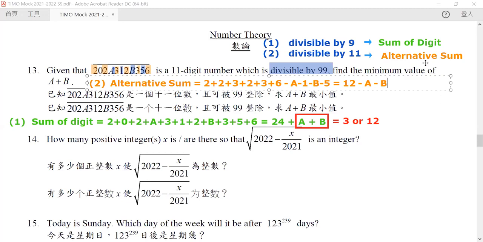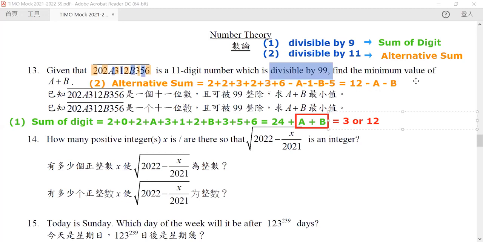So this number must be divisible by 11. Notice that it is not negative a, negative b. Now let me rewrite it like this. We give it a bracket, so it's much easier to see: 12 minus (a plus b).